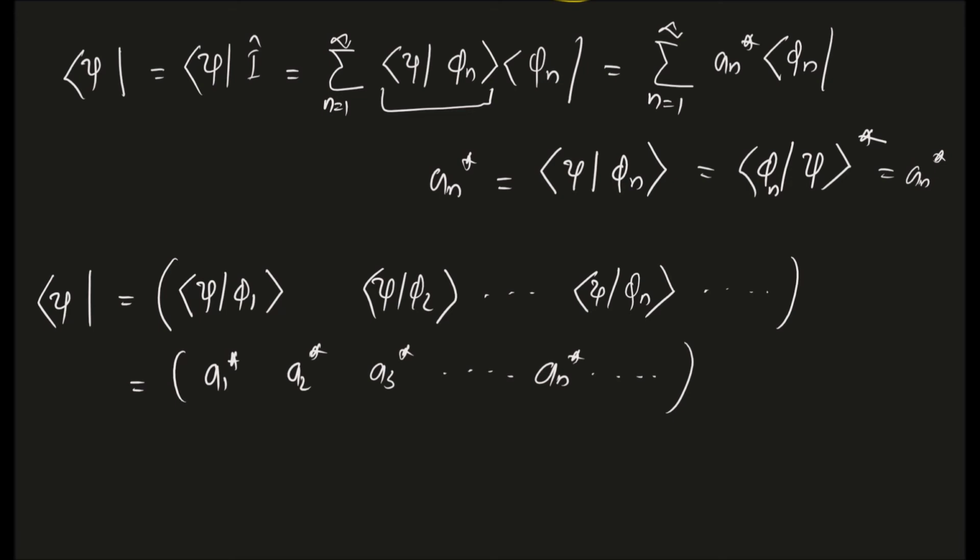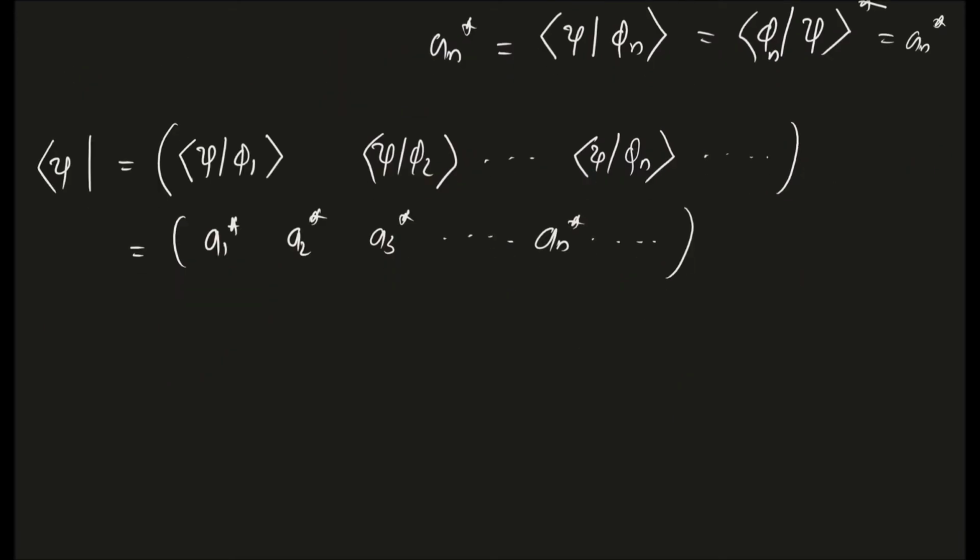So if you follow this representation, then let's consider a bracket, psi and chi. This kind of combination is a complex number equal to the matrix product of a column matrix corresponding to this ket vector and a row matrix corresponding to this bra vector. So how do you write it in matrix form? This can be written as a row vector corresponding to psi.